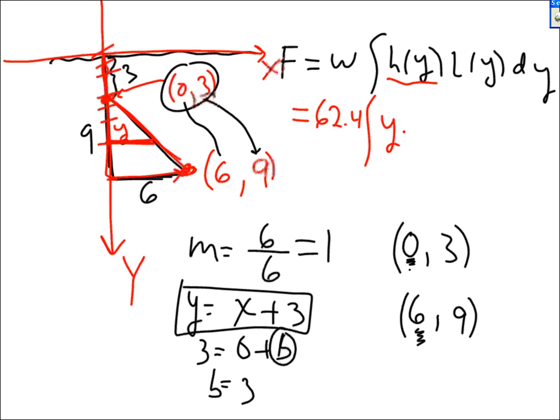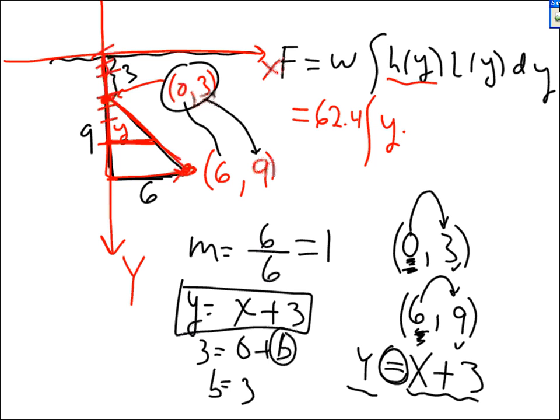One rule that you can do to both of these x values to get those y values? And the answer is yes. If you take the x values and you add 3 to them, you will get y. 0 plus 3 is 3. 6 plus 3 is 9. If you add 3 to the x, you will get y.